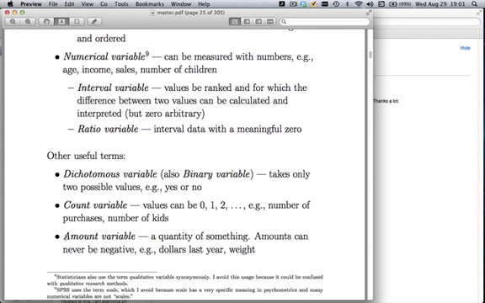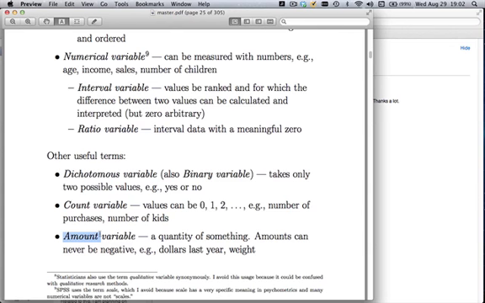Another variable that you've probably not encountered before, at least by name, is an amount. An amount is a quantity of something. The way to think about an amount is that it takes values that are 0 or positive real numbers. You can't really have a negative quantity of something.